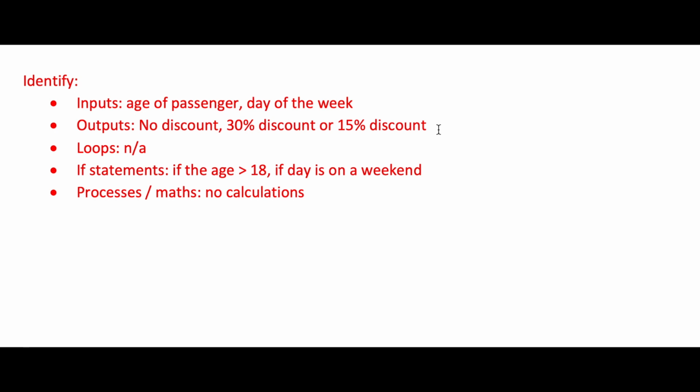It's just the determination whether a discount will be issued and at what level. It's not asking us to calculate any discounted fare charges. It's very important that candidates don't add in functionality that the exam question doesn't ask for, because that won't attract any additional marks.